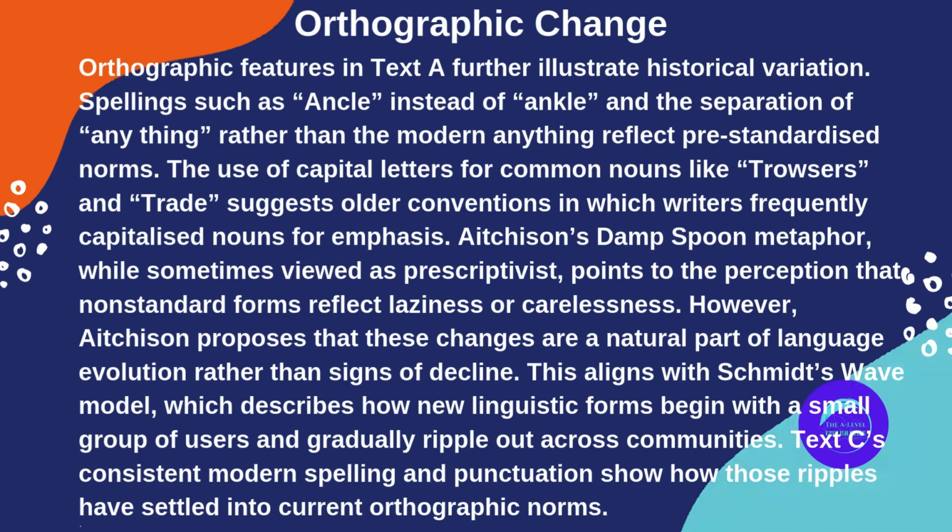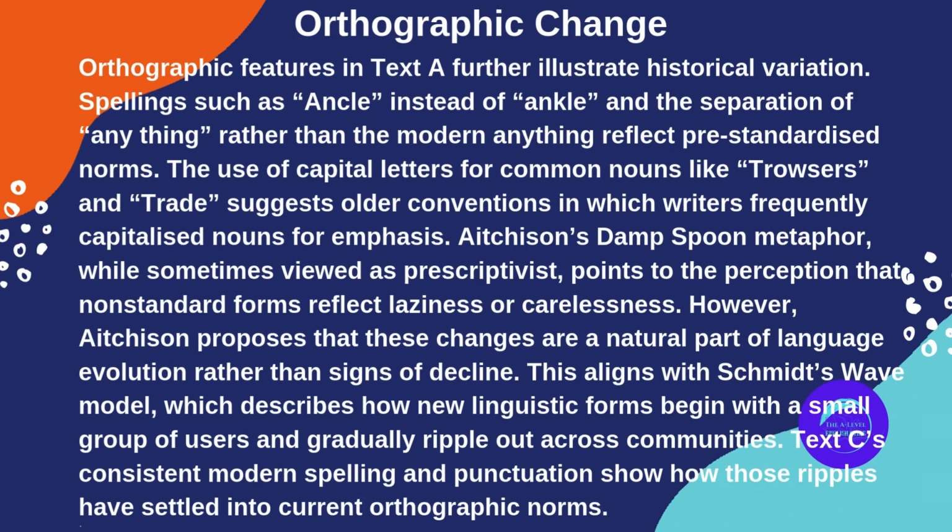Next, let's look at orthography. Text A uses older spelling and punctuation conventions, "ancle" instead of ankle, anything as 2 words, and capitalisation of common nouns like trousers and trade. Acheson's damp spoon metaphor, while often viewed as a prescriptivist argument, describes how such non-standard forms were once seen as sloppy.